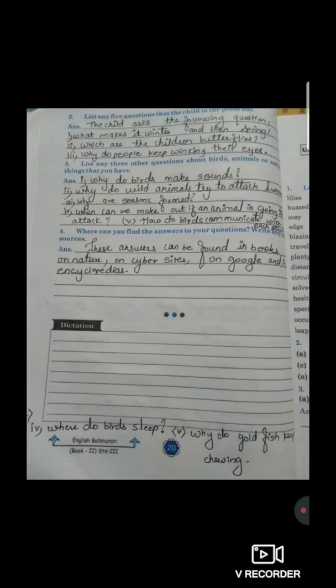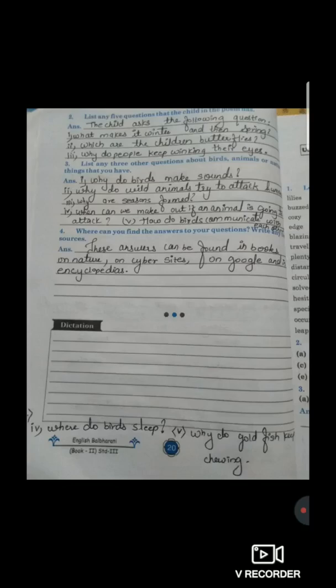The small girl is asking questions, right? Let's see which questions the girl is asking us. The answer is, the child asks the following questions. Students, we have to write 5 questions, right? Because in the question it is written, list any 5 questions.